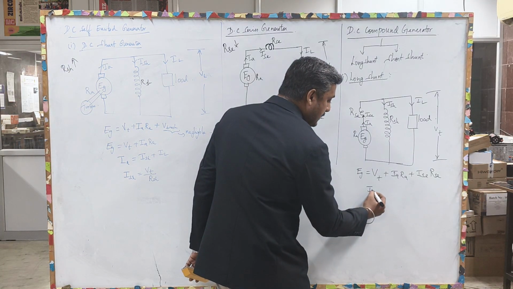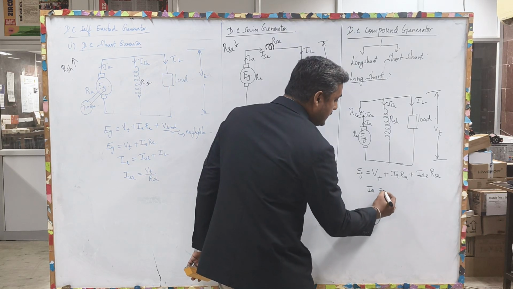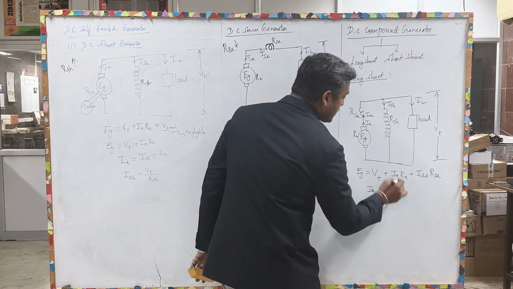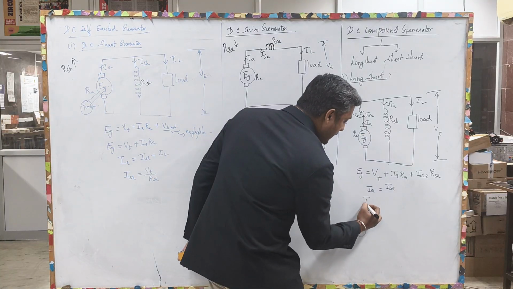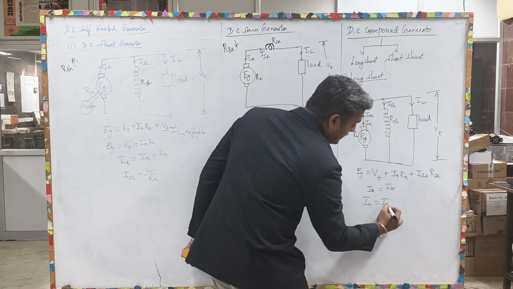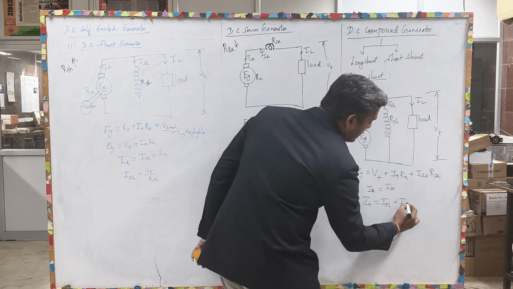Here Ia is equal to Ise because both are in series, and Ia is equal to Ish plus IL.